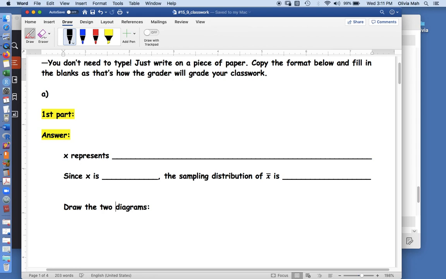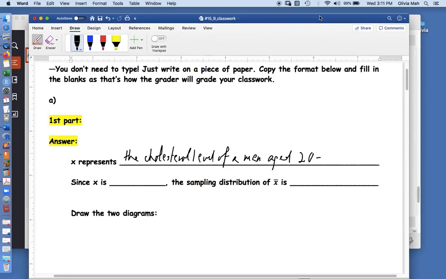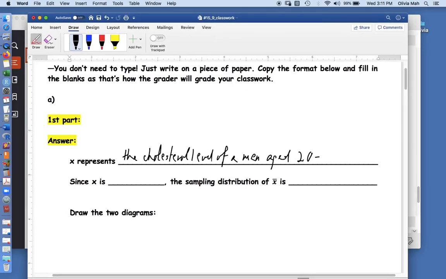X represents the cholesterol level of a man aged between 20 and, is it 34? Yeah, 34. Okay, so hopefully your handwriting is better than mine.